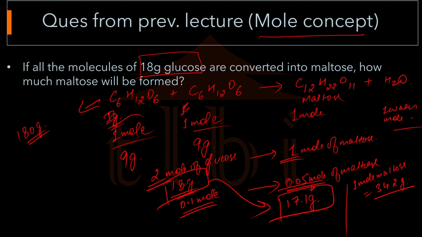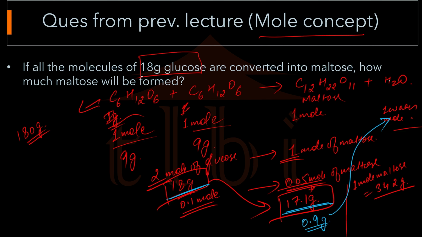And because mass conservation is there, you can see that 18 gram is converted into 17.1 gram, so where has this 0.9 gram gone? It has gone to form water.